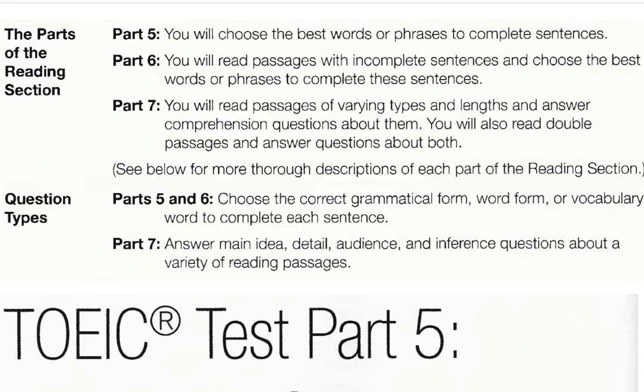In Part 6, you will read passages with incomplete sentences and choose the best words or phrases to complete them. In Part 7, you will read passages of varying types and lengths and answer comprehension questions about them. You will also read double passages and answer questions about both. So that's the reading comprehension section.